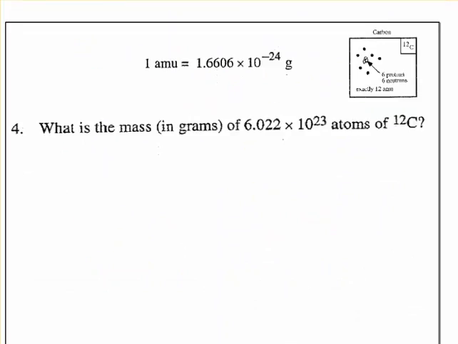Now it gets interesting. Let's say I was concerned about the mass of not one, not a dozen, not a million, but 6.022 times 10 to the 23rd atoms of carbon. Let's set up my conversion again.